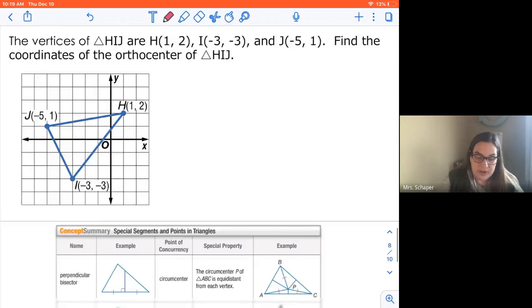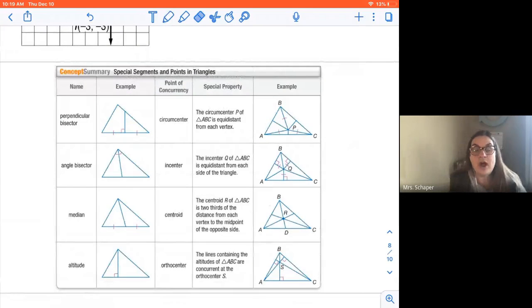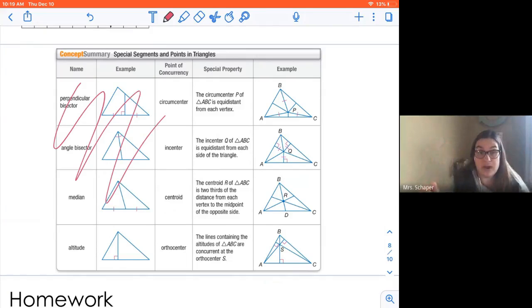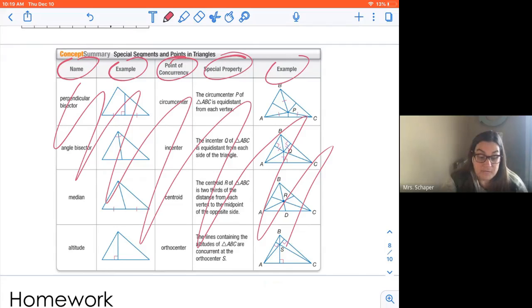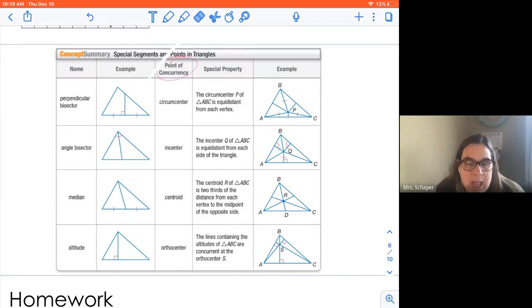So with that, right here is a chart. You should be able to, without a doubt, fill in this chart if I had it blank. Let's say I just had the grid and the titles. You should be able to, before your next quiz, fill that in.